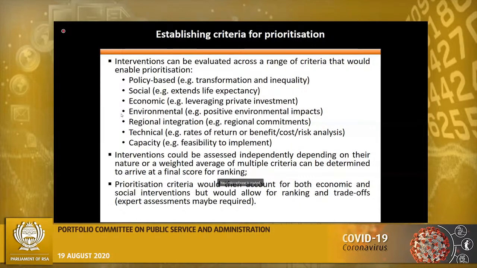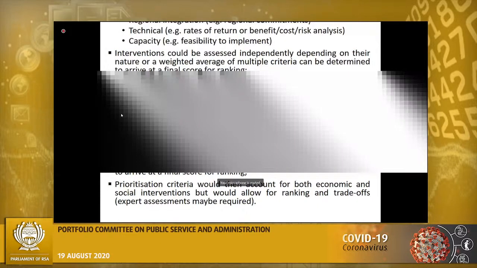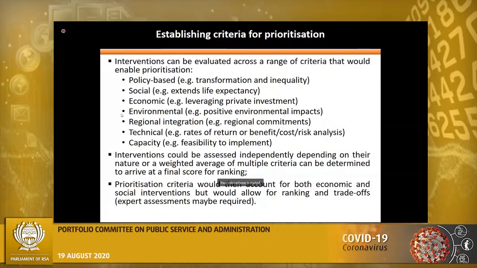We are looking at the policy part of it, the social implications, economic, environmental, regional integration, technical issues, the capacity of the state. Now, out of these issues, the key question is, what is it that we can do and what is it that we can defer to a later point? How do we arrive at saying that this year rail is a priority and then next year broadband is a priority, using some form of criteria that assists us to do so? Let's move to the next one.